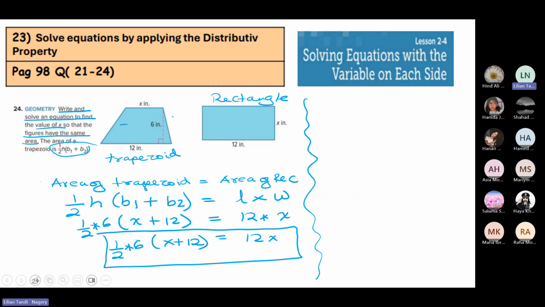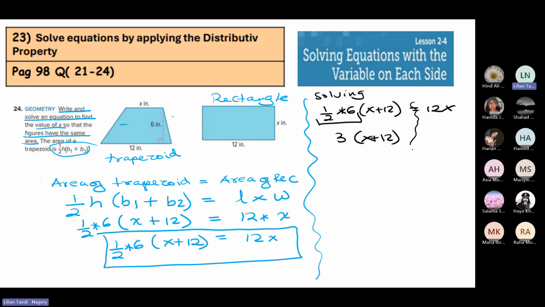So let me use a different color. Here we are solving. Half times 6, and then x plus 12 equals 12x. Half times 6 is 3, x plus 12. Don't forget your bridge, equals 12x.